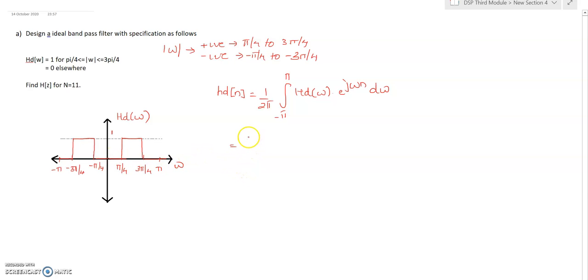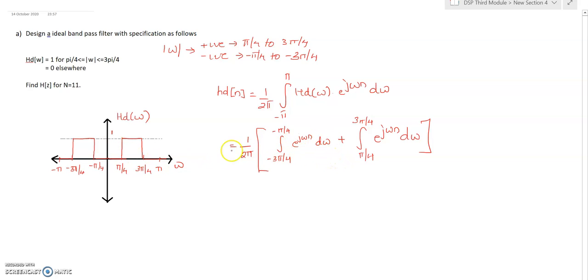So it will be 1 by 2 pi times the integral from minus 3 pi by 4 to minus pi by 4 of e raised to j omega n d omega, plus the integral from pi by 4 to 3 pi by 4 of e raised to j omega n d omega. It should be clear that HD of omega is equal to 1 in this span of intervals.